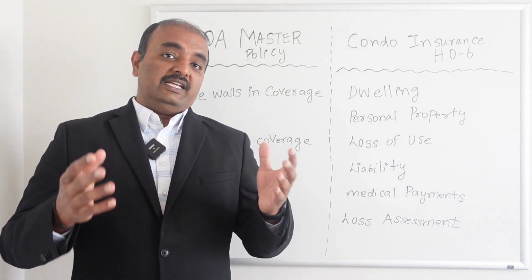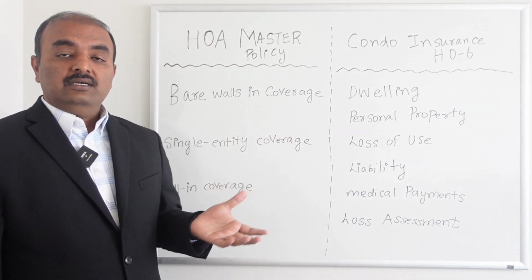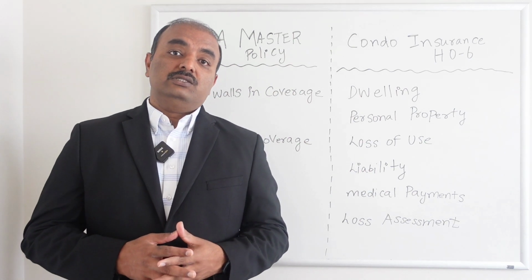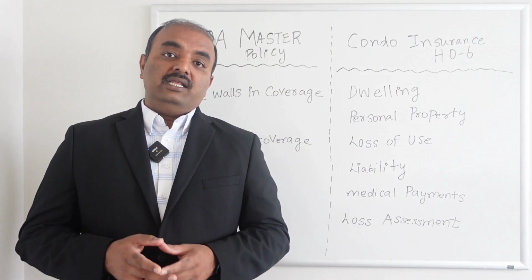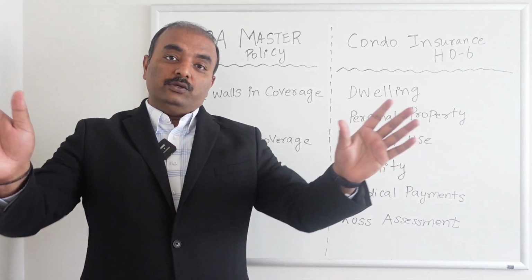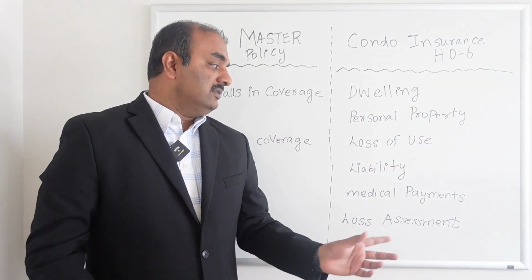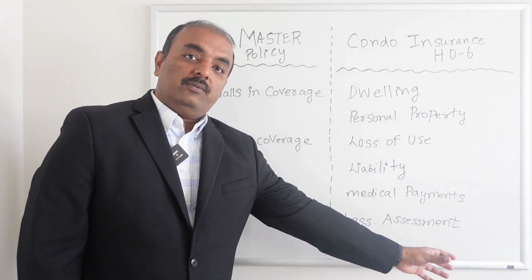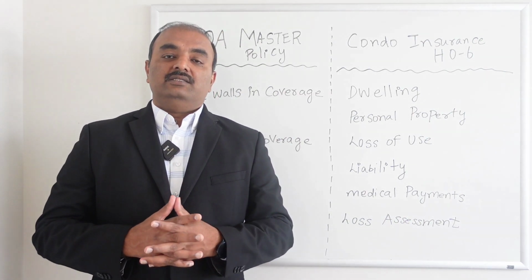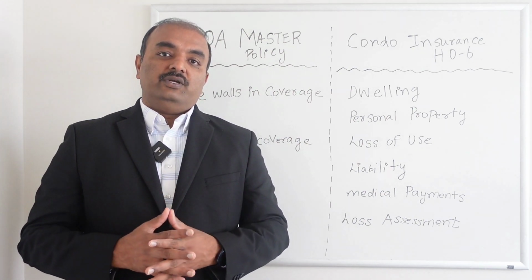Say your HOA master policy is 1 million overall and the loss is 2 million, right? Then the extra 1 million, or an extra 50k, they have to split across all the unit owners. In that case, if you have this loss assessment coverage, you can use the coverage limit to pay that loss assessment given by your HOA.